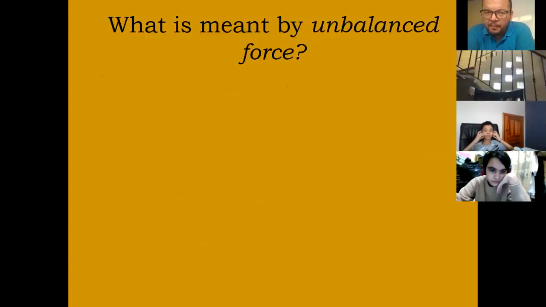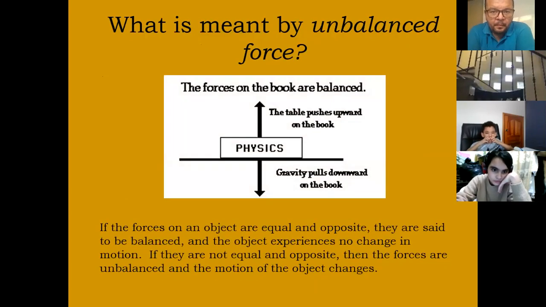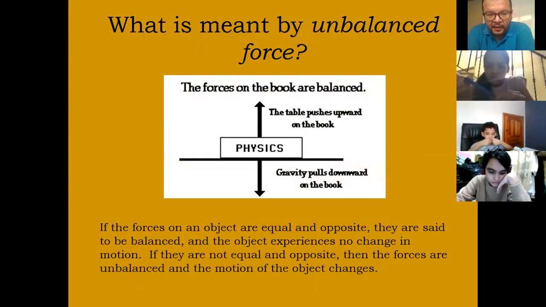And what is meant by unbalanced force? For example, if the forces on an object are equal and opposite, they are said to be balanced, and the object experiences no change in motion.